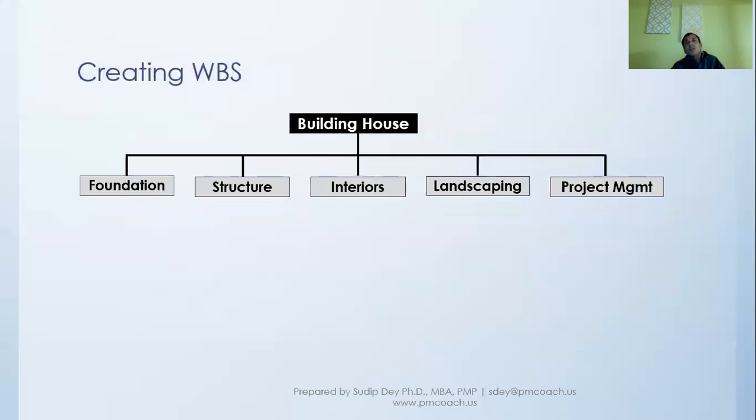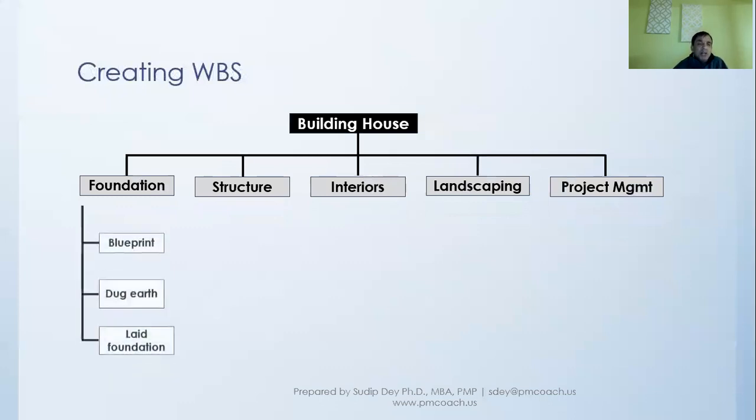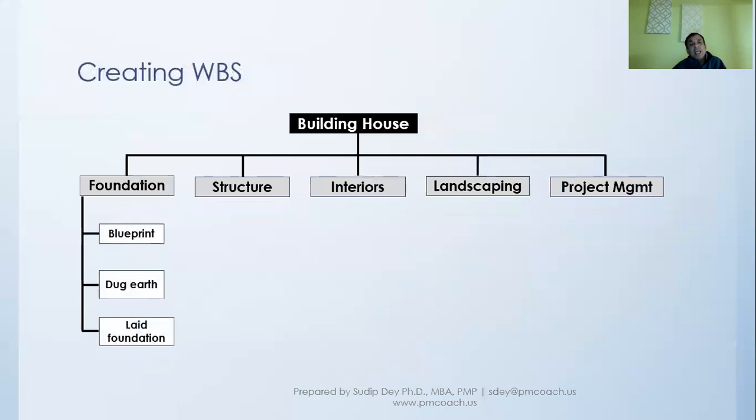These are the product and project deliverables that we have identified for building the house. Now we take one of them, let's say the foundation, and break it down further. The foundation means that we have to draw the blueprint, dig the earth, and lay the foundation.